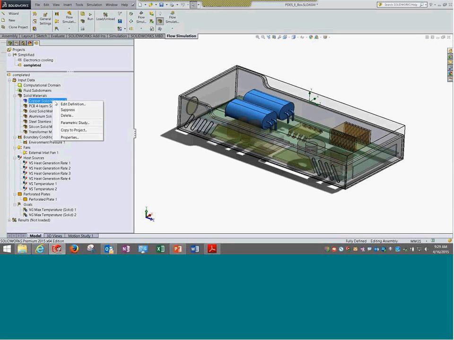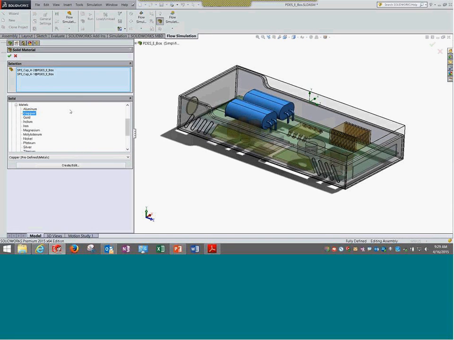So here they come. If I take them and just have a look at it, these two, resistor and capacitor, have been given the material of copper. Typically, if I take the design of a capacitor or a resistor, it actually has many components inside it. It may not be as simple as a solid geometry.